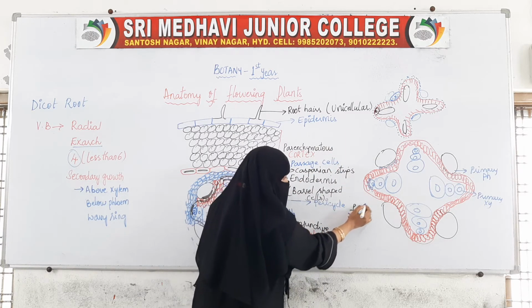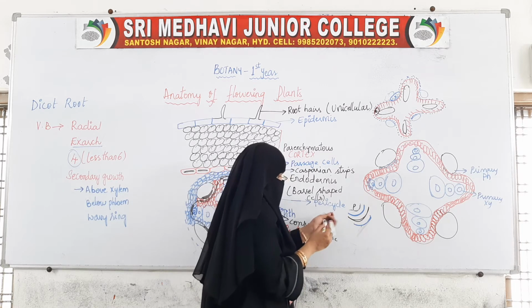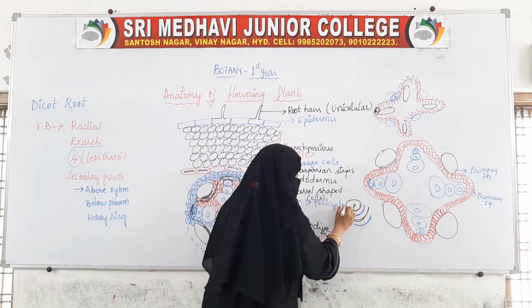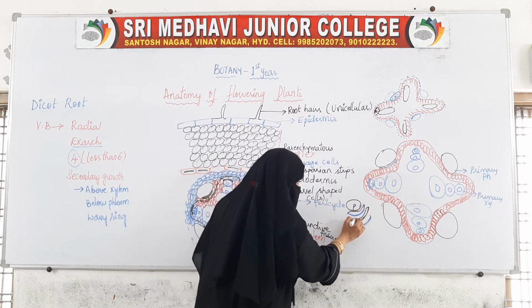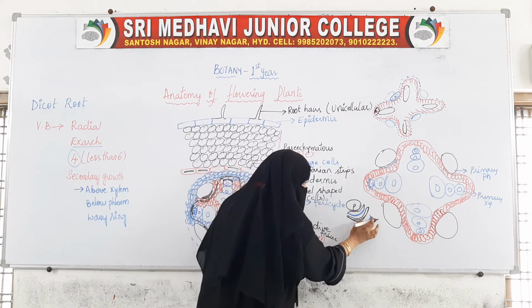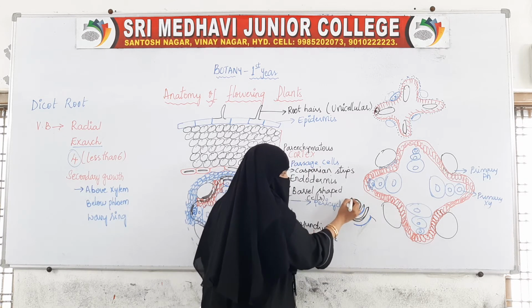So here is your primary xylem. Then this is your secondary xylem. Then this is your secondary phloem. This is the primary phloem pushed outside.